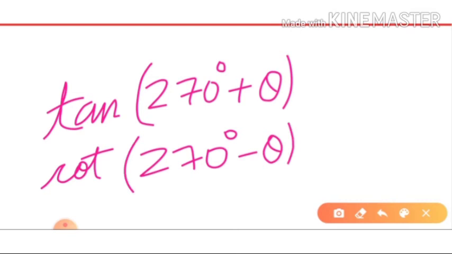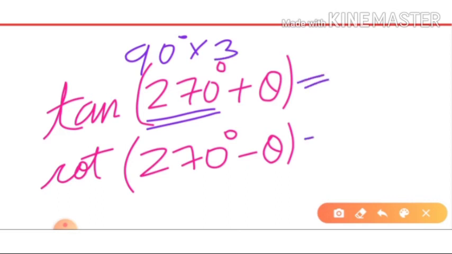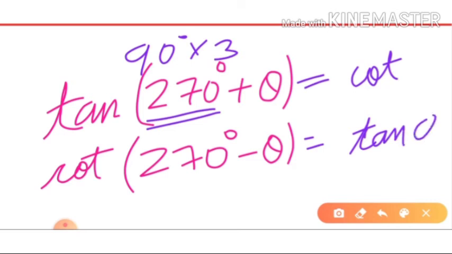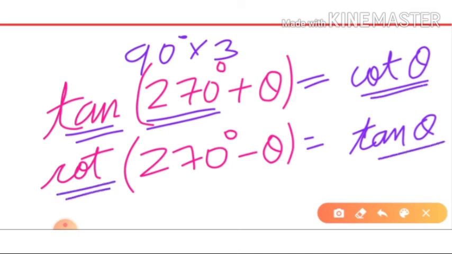Now at first we have to see this 270. This 270 is 3 times 90, so an odd multiple. So when it is odd, tan changes to cot. So this tan theta will change to cot theta, and this cot will change to tan theta, because it is odd multiple.